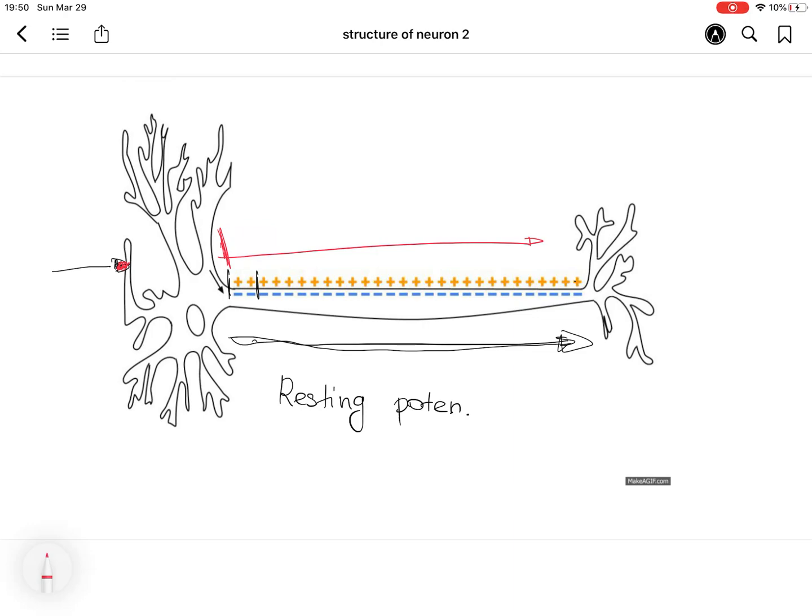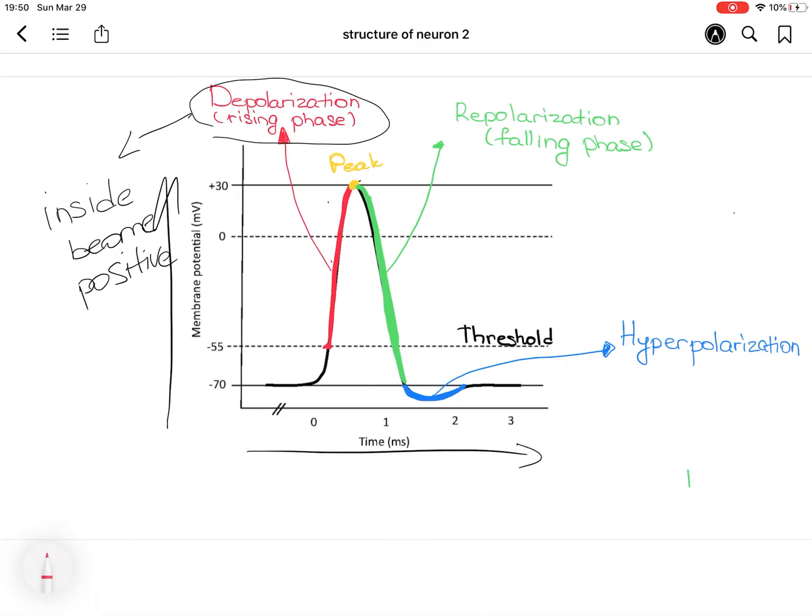It means that this is a resting potential, and the inside of the cell is equal to minus 70 millivolts. Okay, now if we look at this side, we can see this graph here. First of all, this is time.